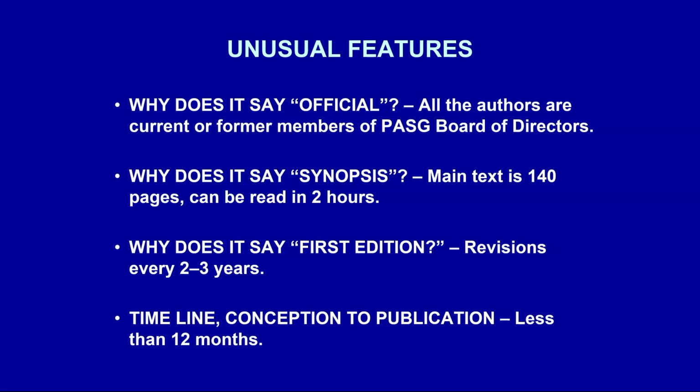So what else is unusual? Why does it say first edition? You know, most books, even the first edition, don't say on it first edition because that's just not normal. So the publisher asked us about that, and he was going to take that off. And I said, no, we want to make it explicit that this is only the beginning.